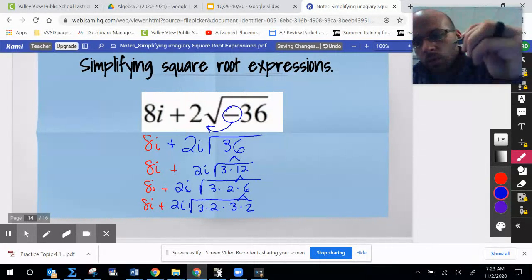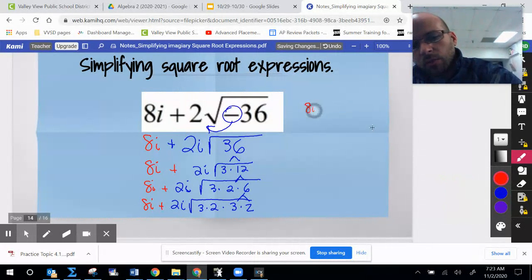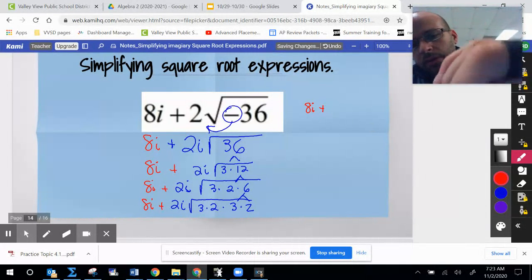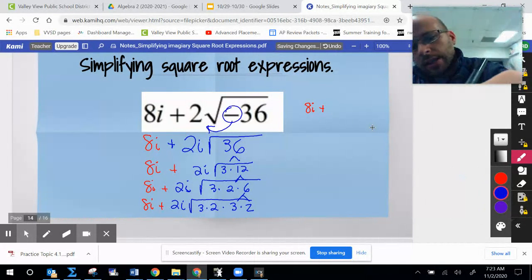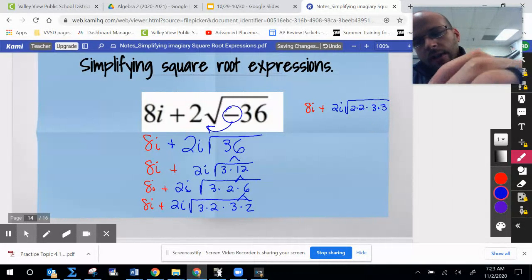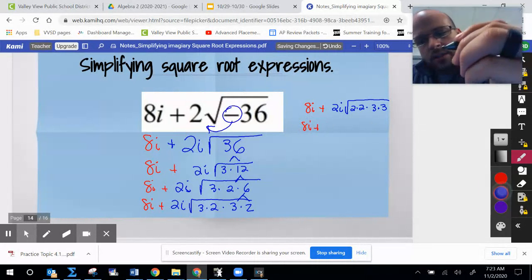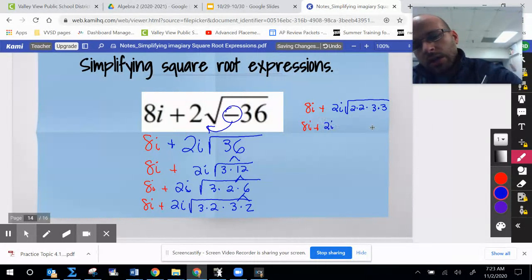I like to write that in order. I'm going to do that up here to give myself some more room. So I have an 8i plus a 2i square root. I have 2 2's and 2 3's. So I'm going to have 8i plus a 2i square root 2 times 2 square root 3 times 3.